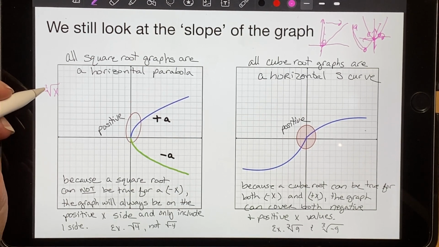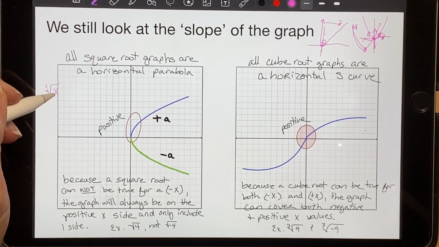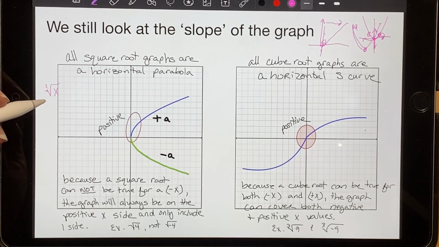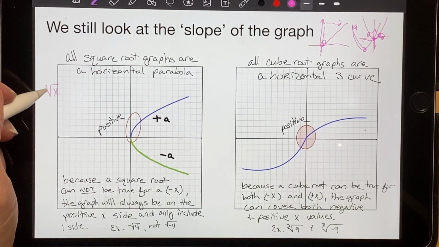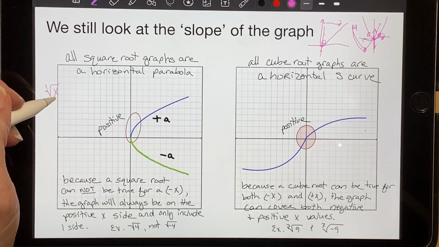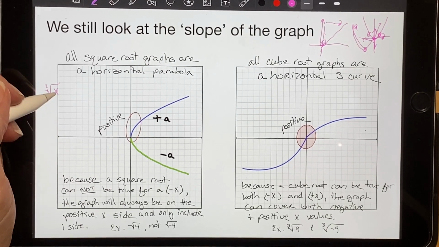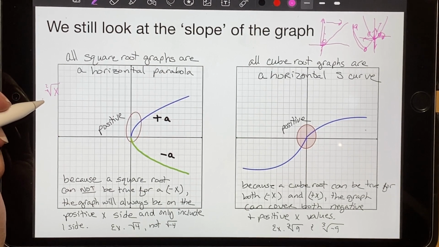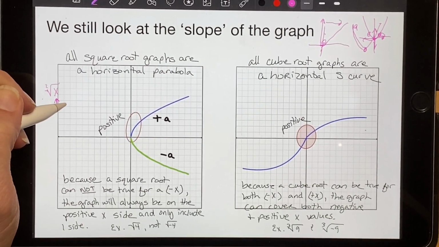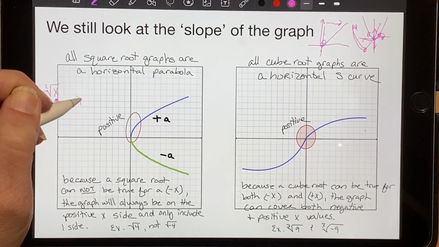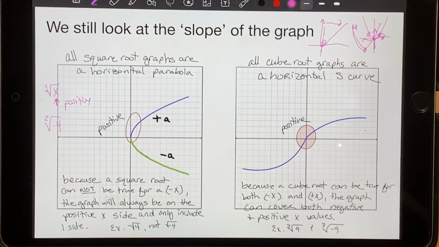And since our index is an even number, that means our x values can be positive or negative to get that. But whenever we come out, it can only be positive, because the x value that we place underneath here must be positive, okay? Because we can't do the square root of -4.